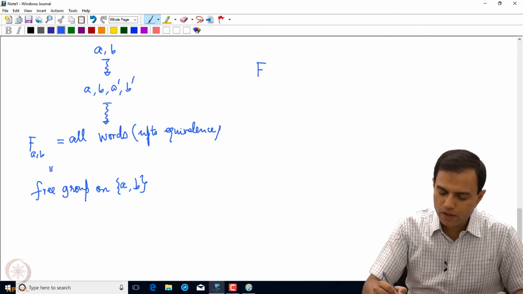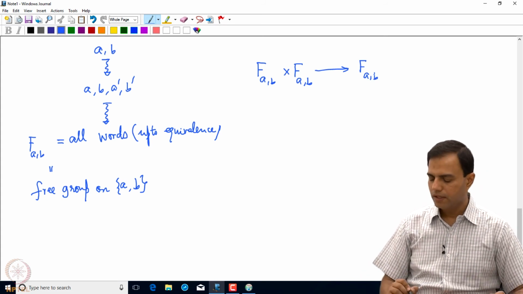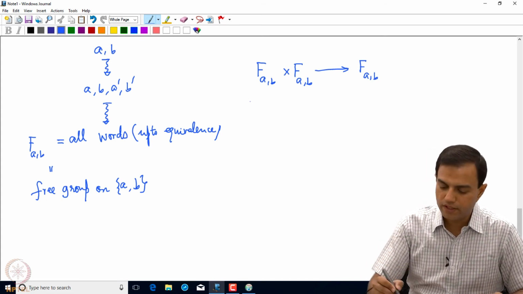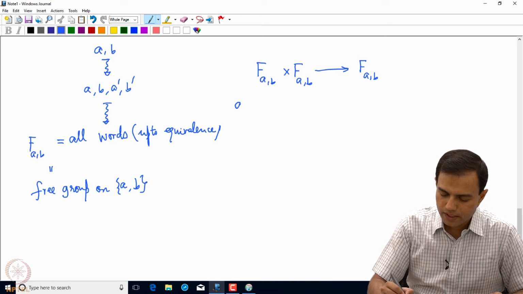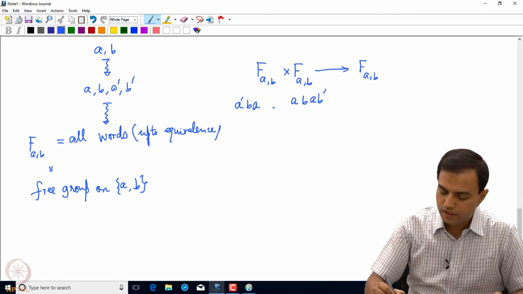And how do I take group operation in this group? I just take a word, say A prime, B, A, and here I have some word A, B, A, B prime, some word. So what's the composition?